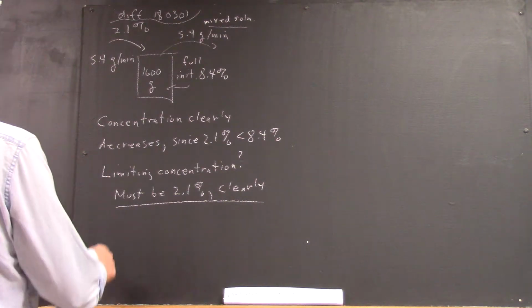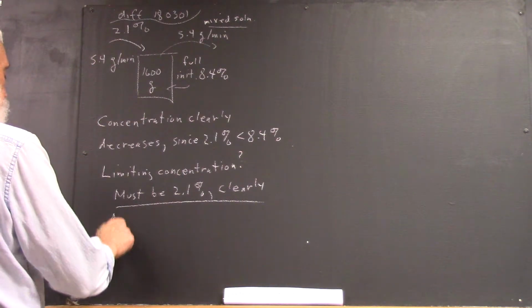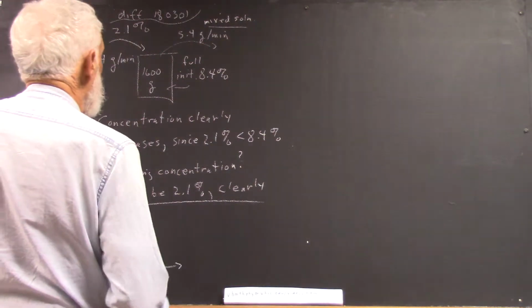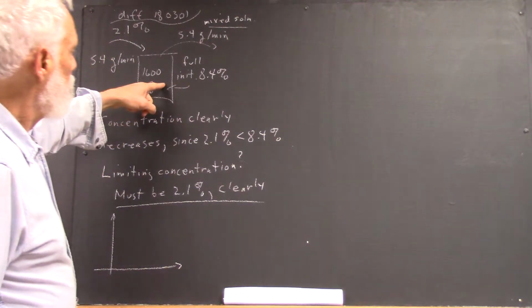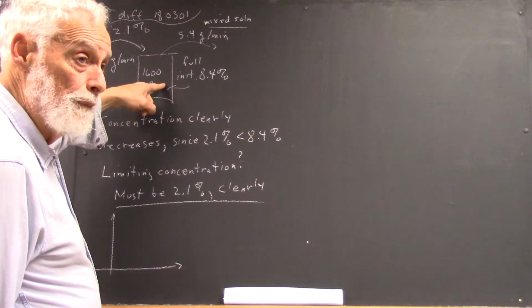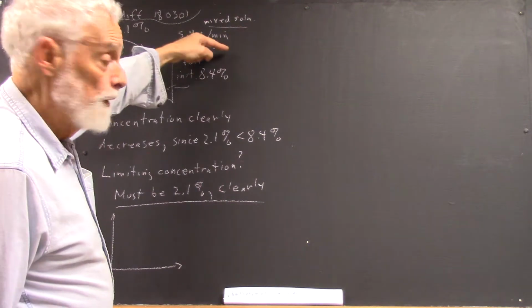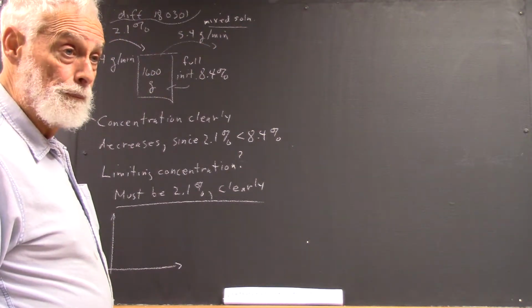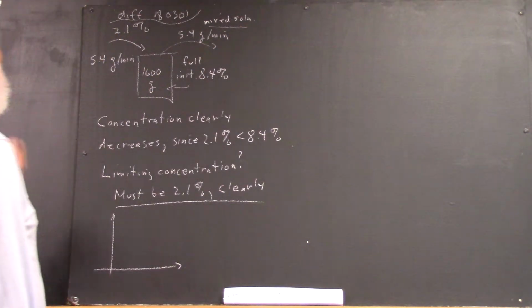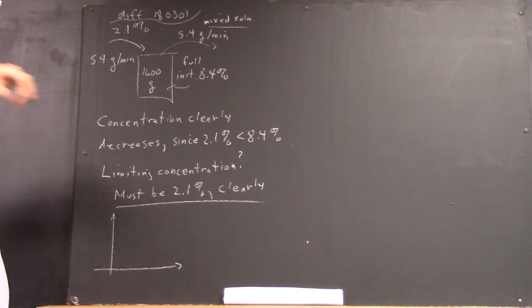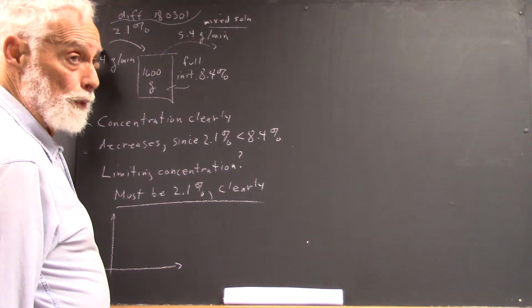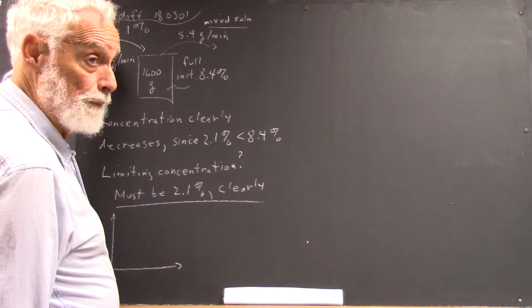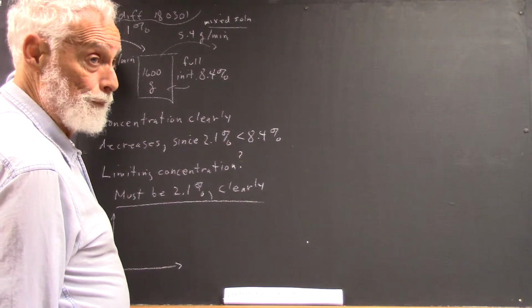Now, what's going to happen to the concentration? Well, the greater the concentration here, the greater the concentration of what's flowing out, right? Theoretically, you'll never reach 2.1%. It'll just be a limit after a long time.